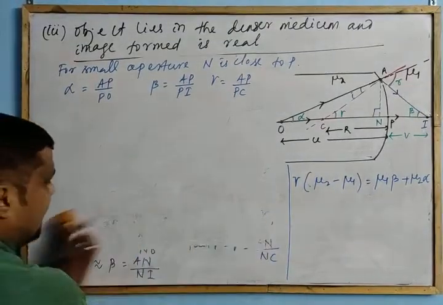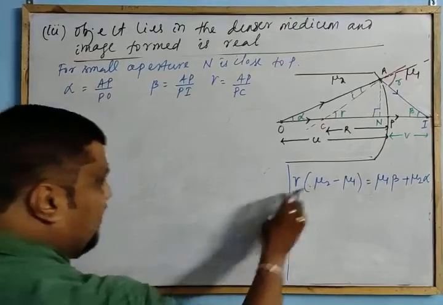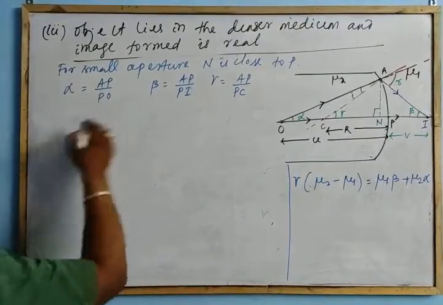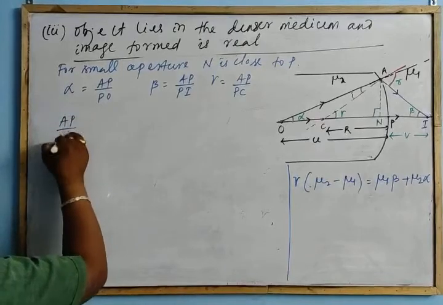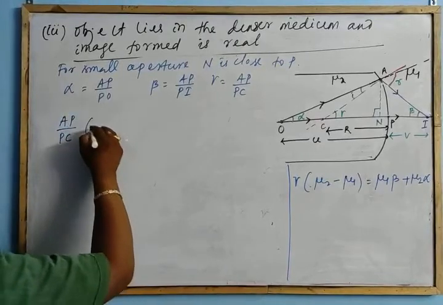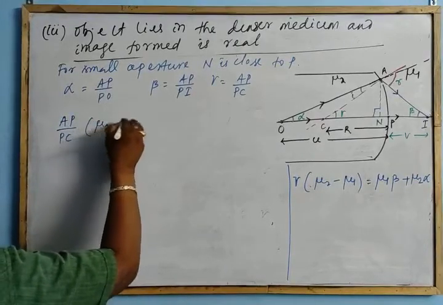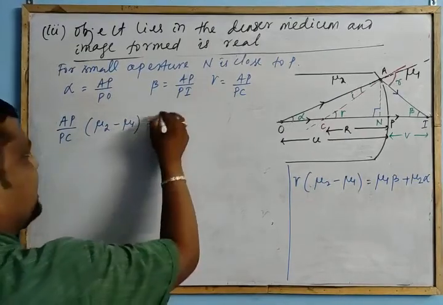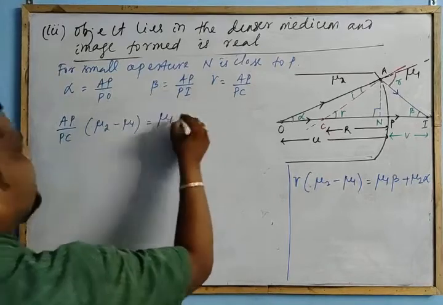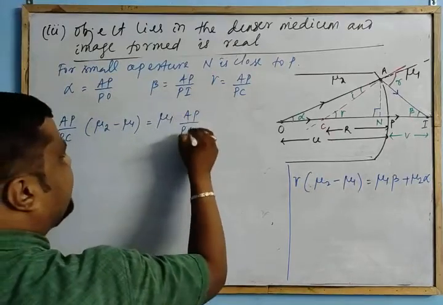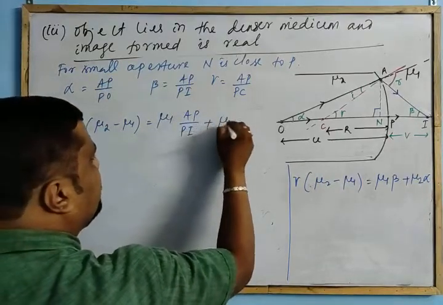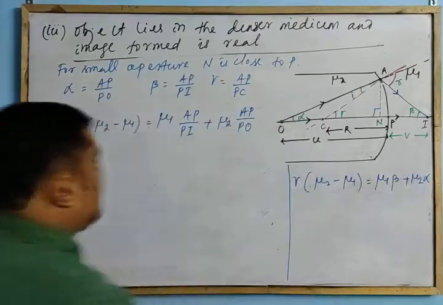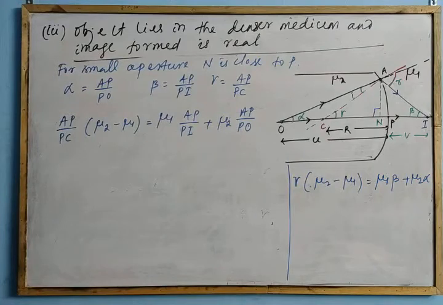With this, put that in your expression. Gamma means AP by PC, into mu 2 minus mu 1, is equal to mu 1 beta, AP by PI, plus mu 2 AP by PO, object alpha, object distance.